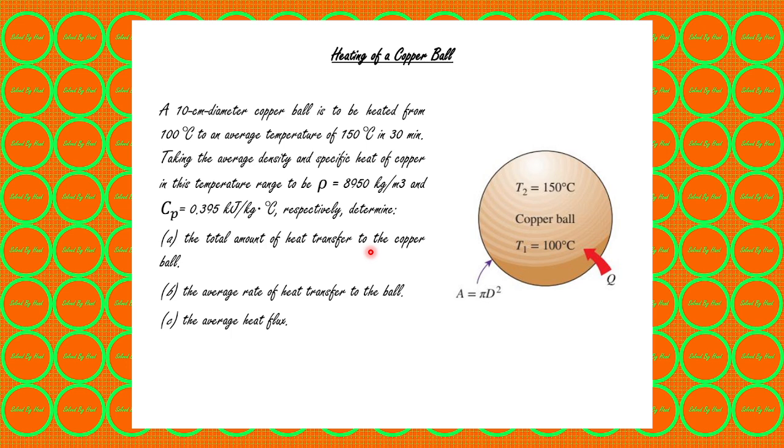For the average rate of heat transfer we use big Q dot, but for the calculation of the average heat flux we use small q dot. So we'll go back again to our paper.